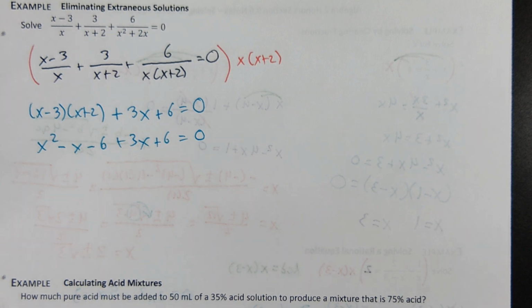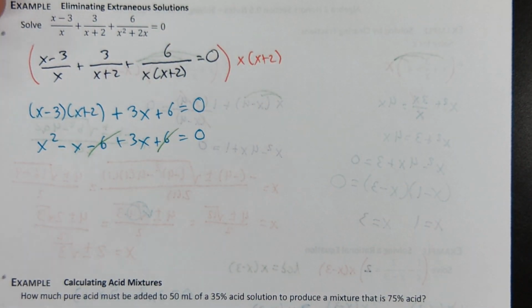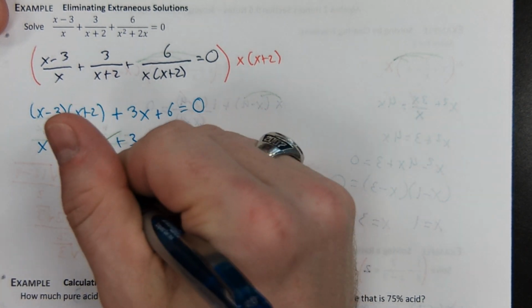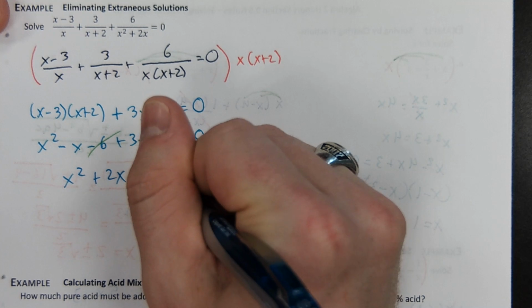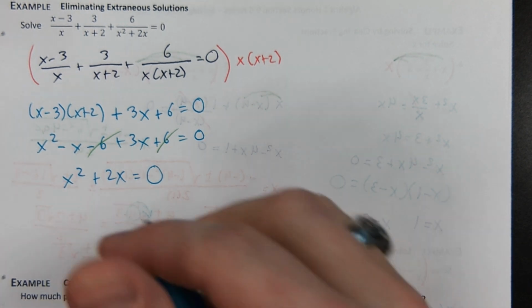Negative 6 and positive 6 cancel each other. When I combine my like terms, negative 1x and positive 3x gives me positive 2x. And yeah, that factors. GCF, right?